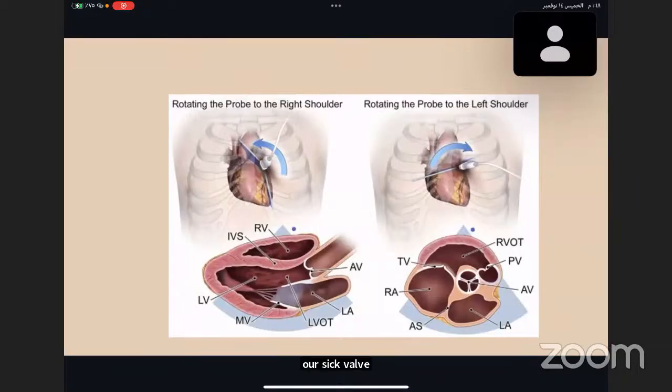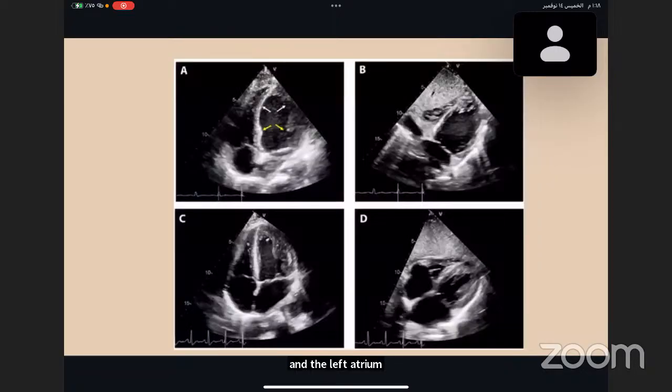When we put the probe toward the left shoulder, we can see this view: tricuspid valve, aortic valve, the left atrium, and the descending aorta. In this picture, we can also see four chambers. In pictures C and D, we show normal contractility of the heart.